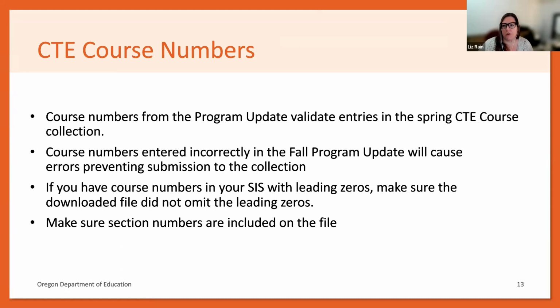If your course numbers within your student information system have leading zeros, make sure that the downloaded file did not omit the leading zeros, because some courses have zeros in the front, and sometimes the file will just get rid of them. So just make sure it did not omit those. And also make sure that the section numbers are included on that file.